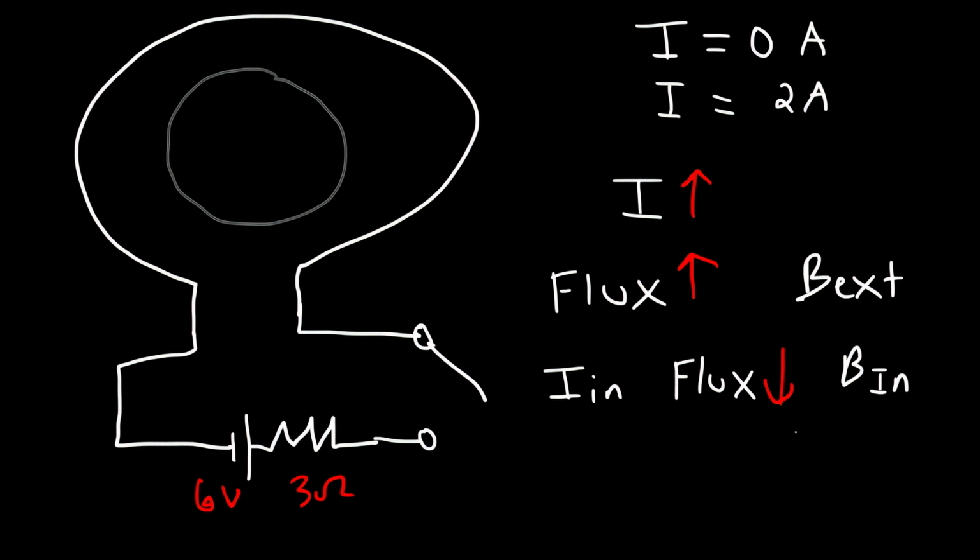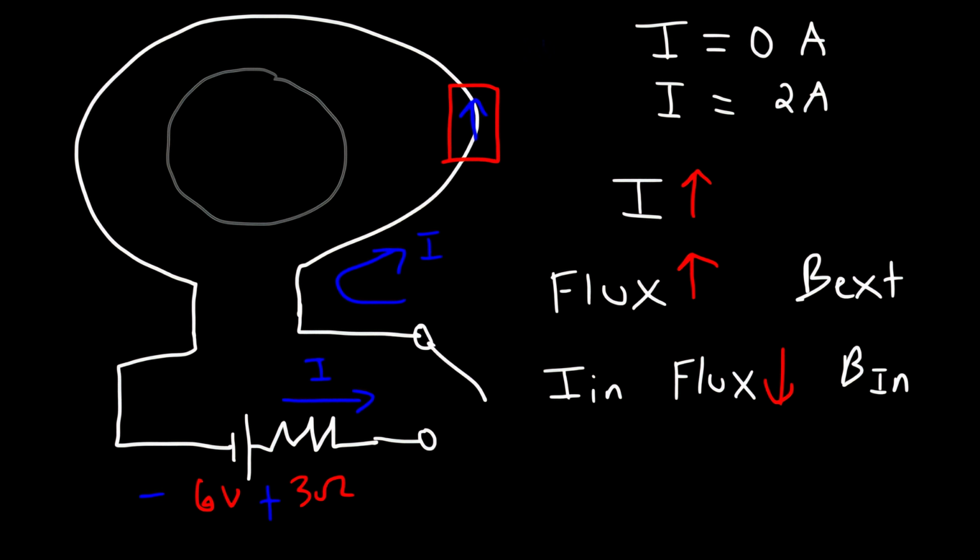Now we need to determine the direction of the external magnetic field. That is the magnetic field created by the white circular wire. So let's focus on this segment of the wire. So we need to determine the direction of the current. The current will flow away from the positive terminal towards the negative terminal. So once the switch is closed, the current will be going in the counterclockwise direction.